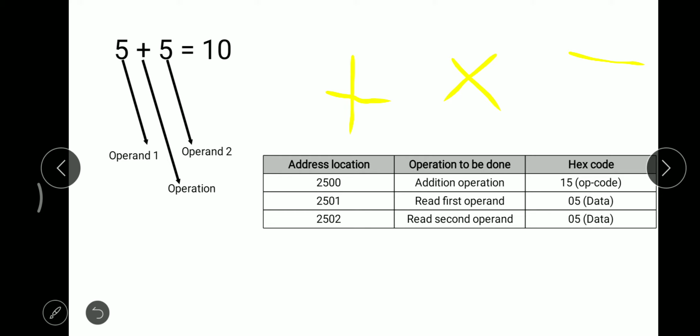Even if you feel sleepy, during your drowsiness you can correctly say that this symbol means addition, this is the symbol for multiplication. That is the power of primary knowledge.